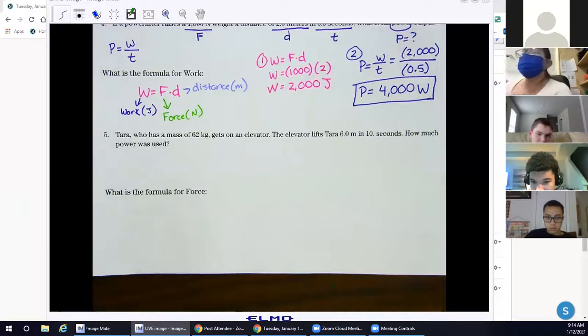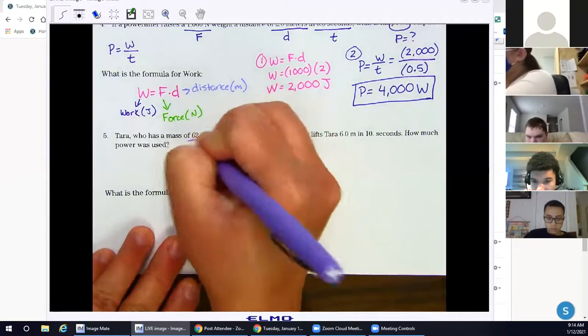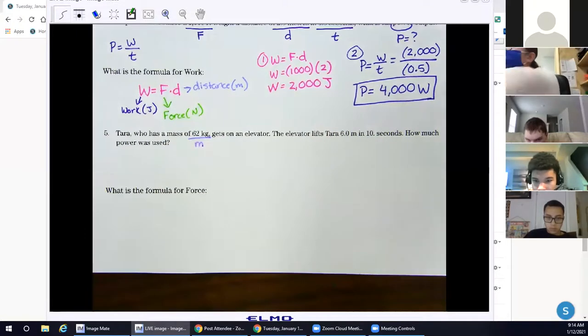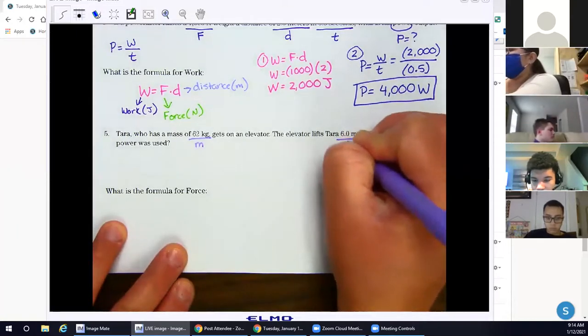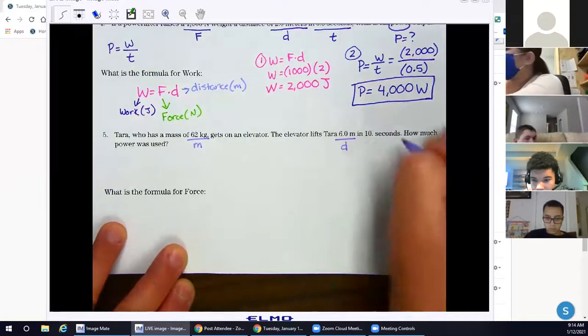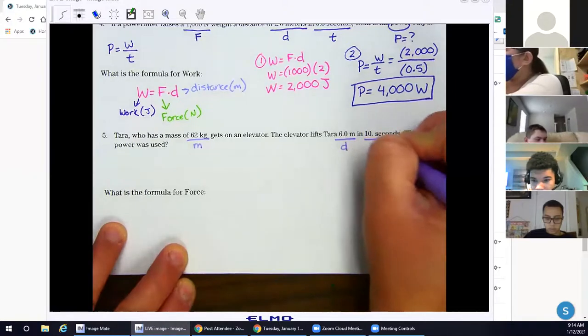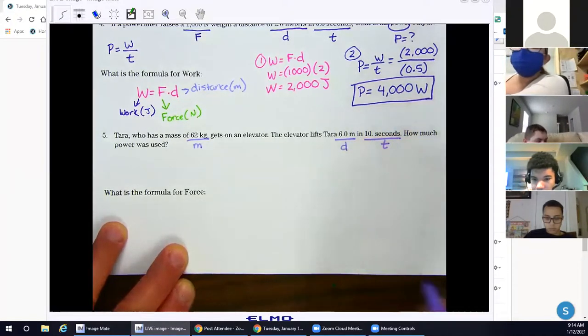All right, Tara, who has a mass of 62 kilograms, so that's our mass, gets on an elevator. The elevator lifts Tara 6 meters. That's our distance, in 10 seconds. 10 seconds is our time. How much power was used?